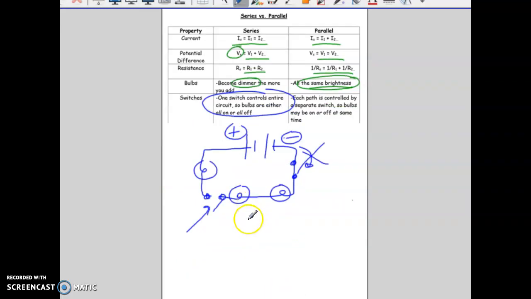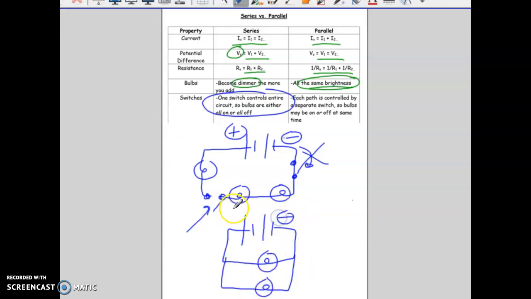But if you have a parallel circuit, where the switch is located really will matter. If I put a switch on this line and a switch on this line, that means this switch is controlling only this pathway, and this switch is controlling this pathway.